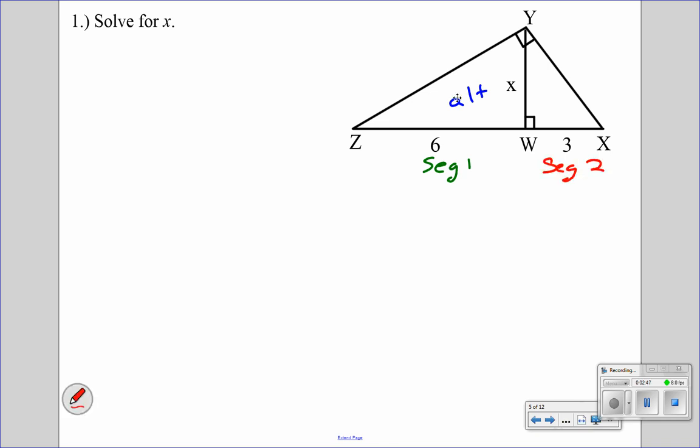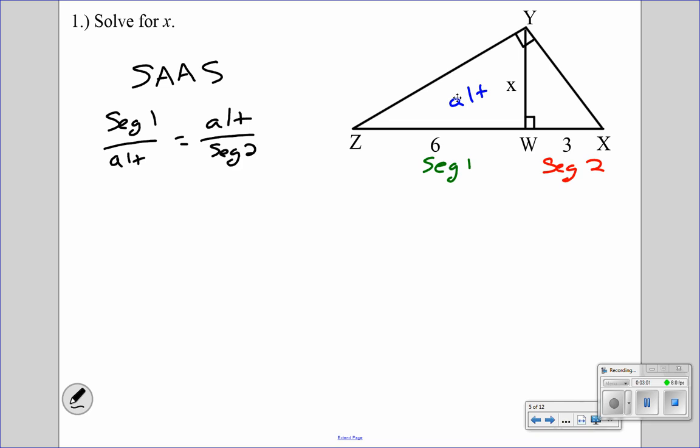So if we're missing our altitude and we have 2 segments, we're going to use SAS, because that's segment 1 over altitude equals altitude over segment 2. Segment 1 is 6. Our altitude is x. And segment 2 is 3. So we cross multiply and solve.